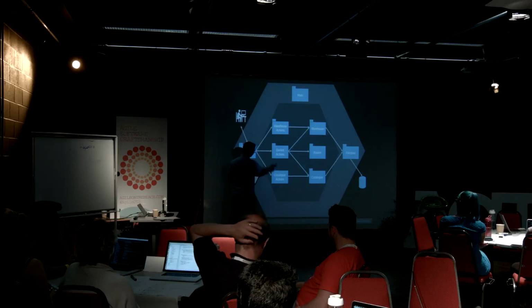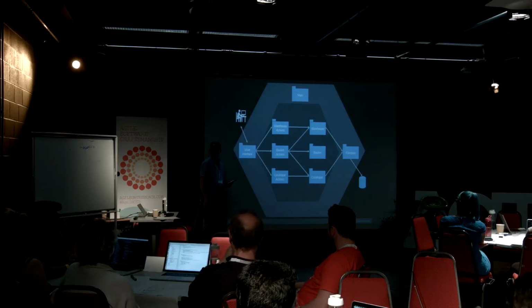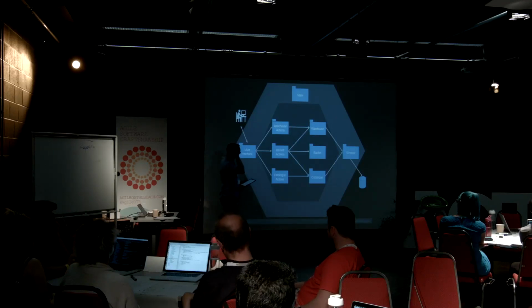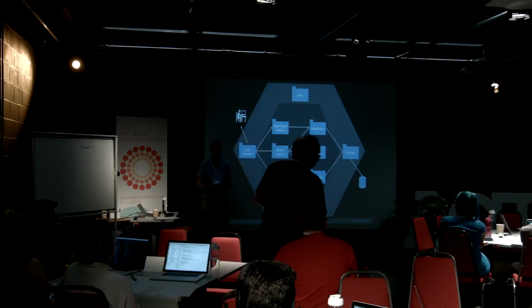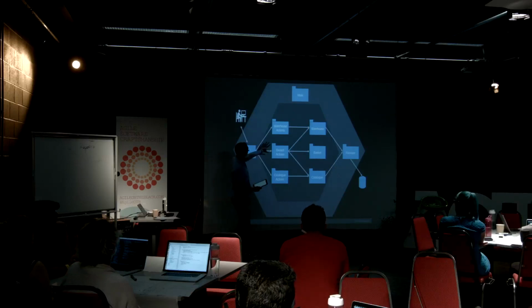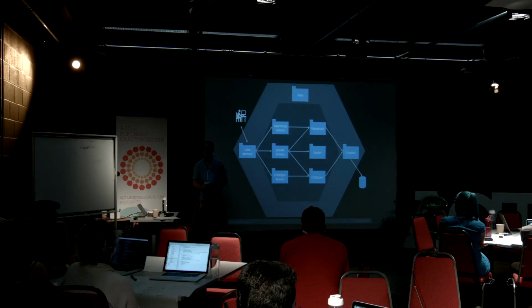There's this coupling going on here, which doesn't show up on the diagram, between the catalog and the basket. So you see how this is starting to show us that there's stuff that we can't see just by looking at the dependencies in the code.